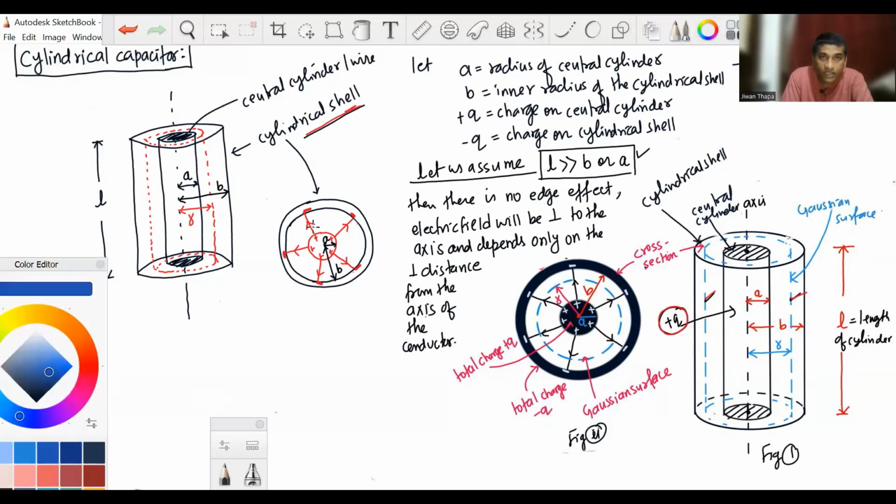So let us come to this figure. So we have a Gaussian surface.